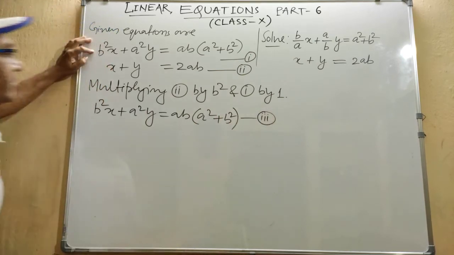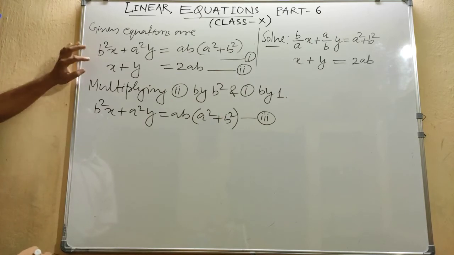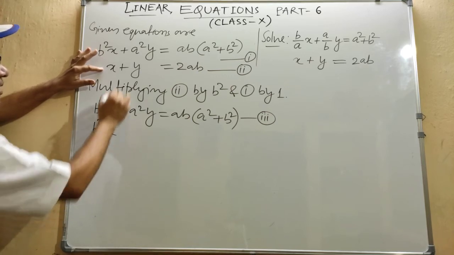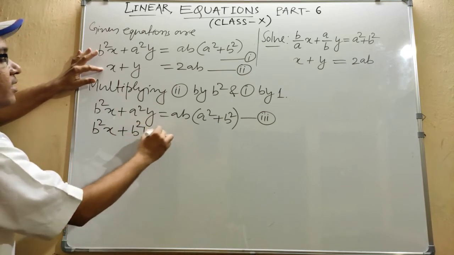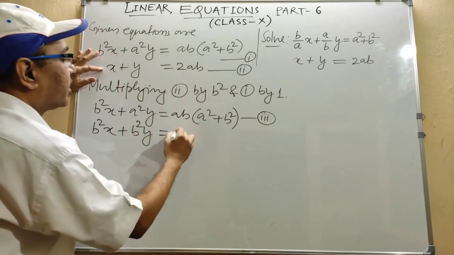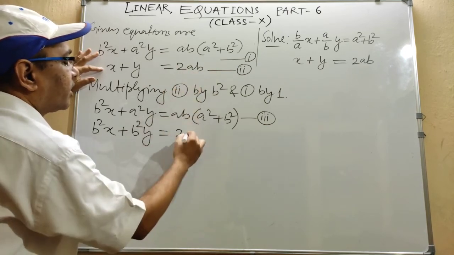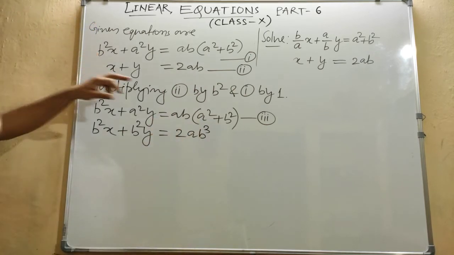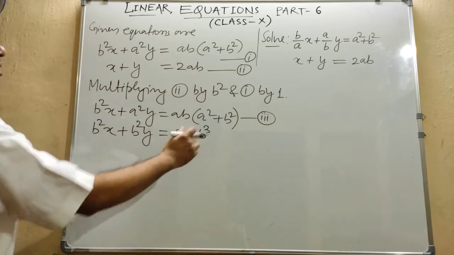Now multiply this second equation by b square to make the coefficient of x the same. So it becomes b square x, and here also b square y, and this side also by b square, then this becomes 2ab into b square, so 2a b cube.